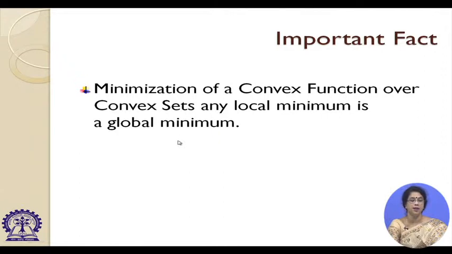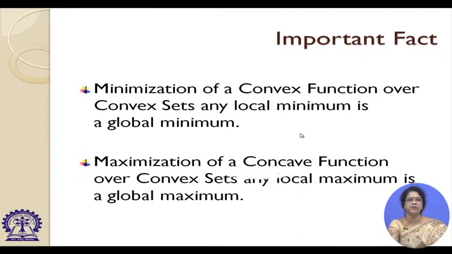That is a very important fact in convex optimization: if we consider the objective function as convex and the constraint function as convex as well, and if we want to minimize the objective function, always we will get the global minimum. And this is the reverse case for the maximum problem. If the objective function is concave, the constraint function is convex, and if I want to maximize the objective function, always we will get the global maximum. That is the beauty of learning convexity, concavity of nonlinear programming problem.